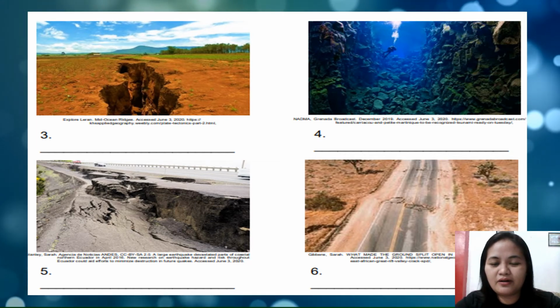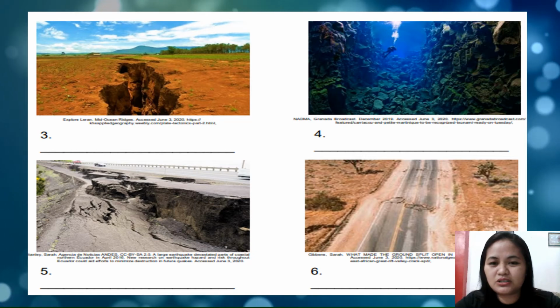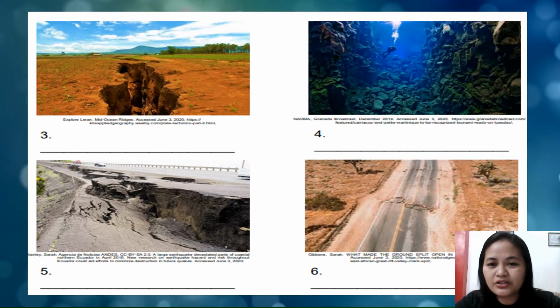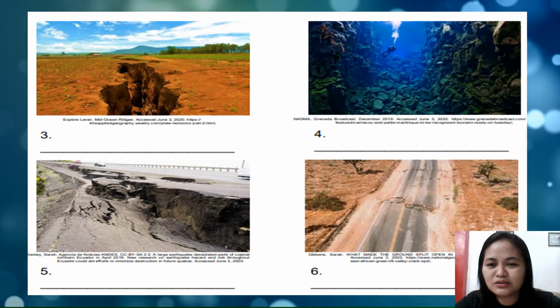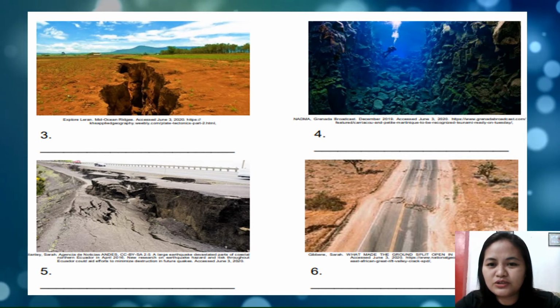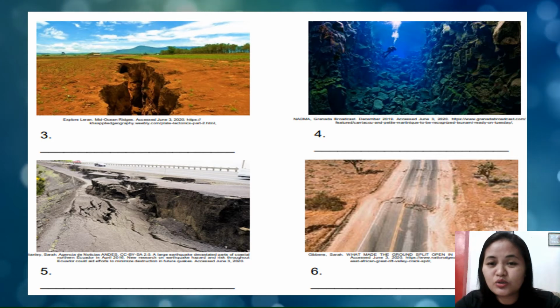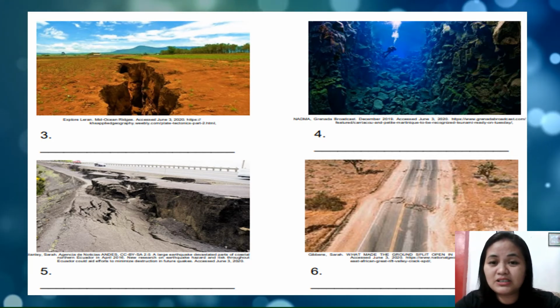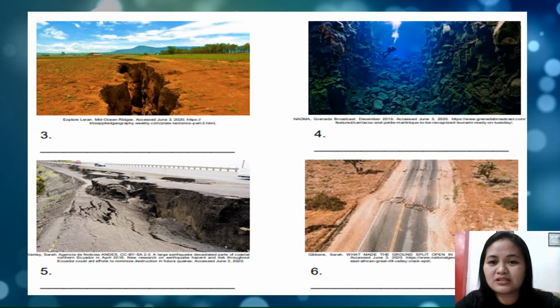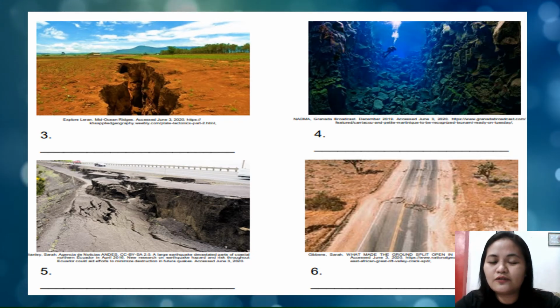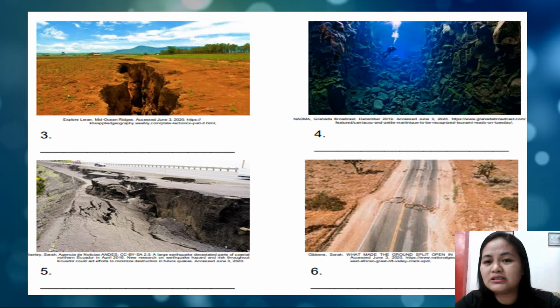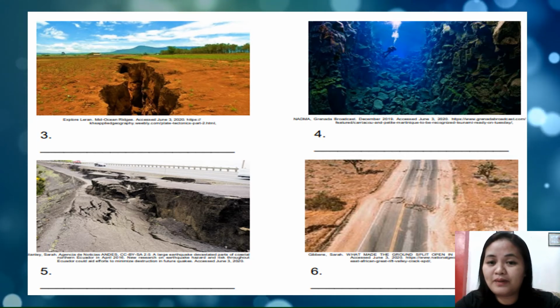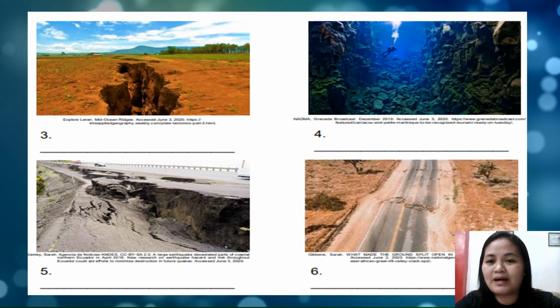Number 4, what is in the picture? As you can notice, there is a diver. Look at my highlighter. Mayroong diver doon, lumalangoy. So, what kind of crust is this? Under the ocean. So, this is oceanic crust. And the floor of the ocean is not flat or plain. In Filipino, hindi siya patag.